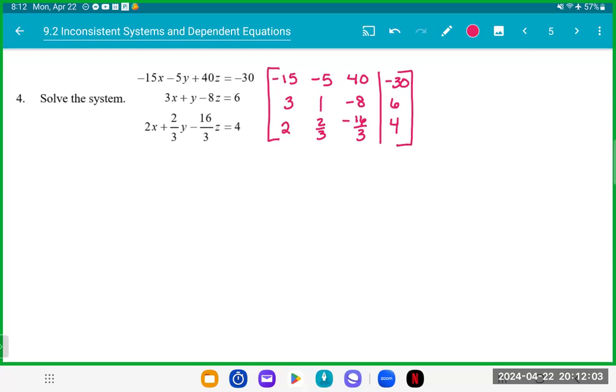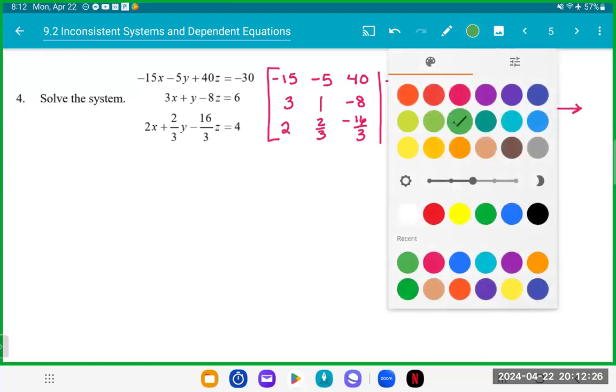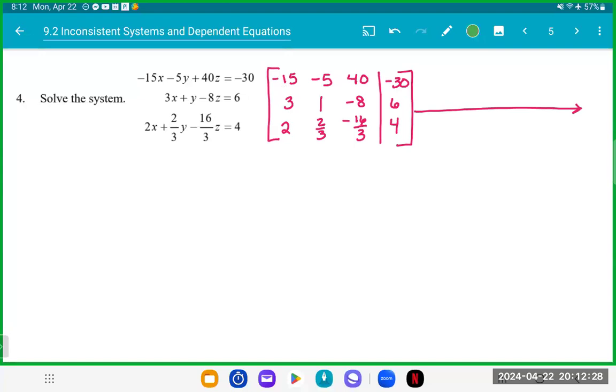So in this case, let's look at how we can show that this system here is all the same equations, right? So if I did my first equation by 1/5 of row 1, replace row 1.